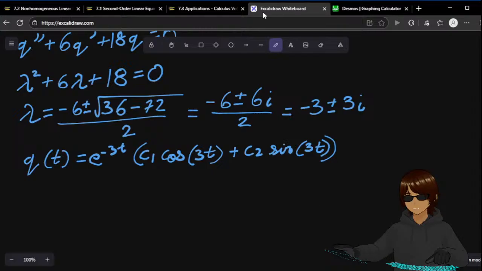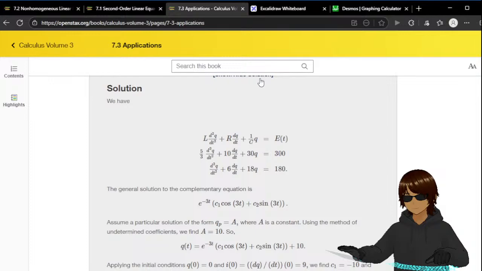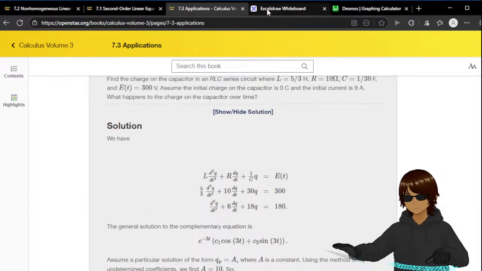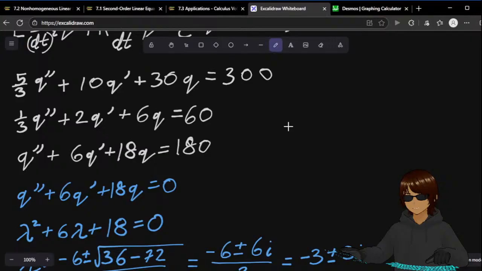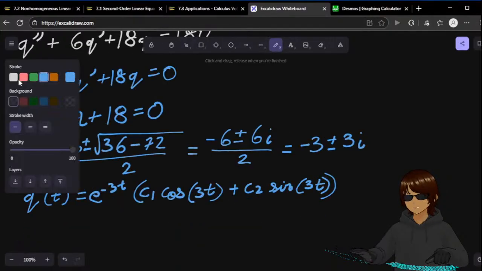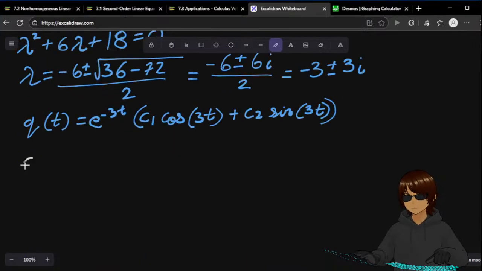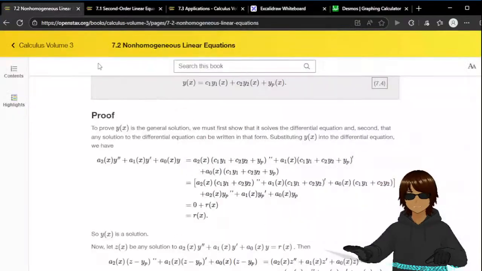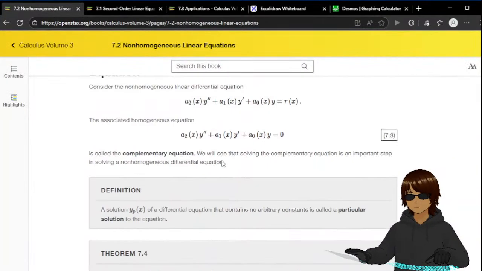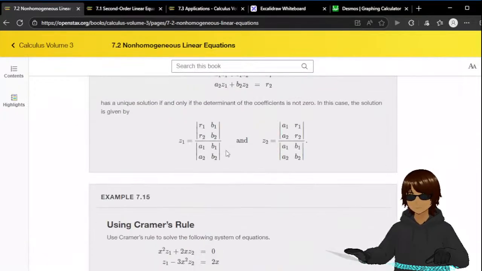Then we need to find Qp. I forgot how you find Qp in a non-homogeneous equation. So Qp, let's go here. When we do find a solution, what do we do then?